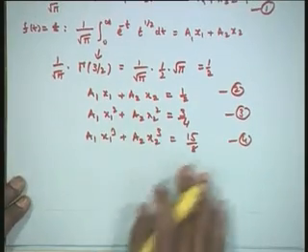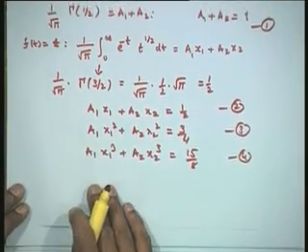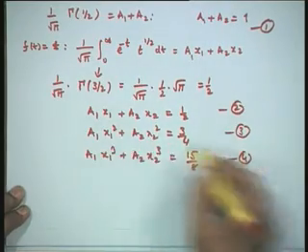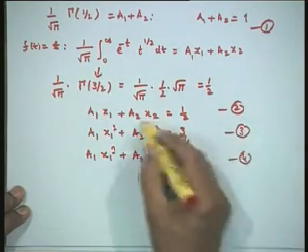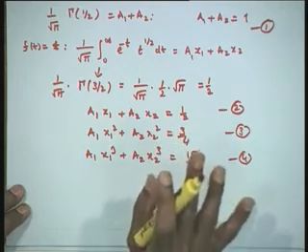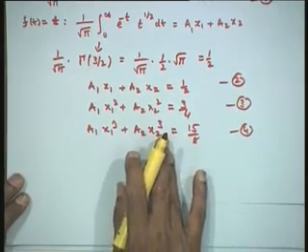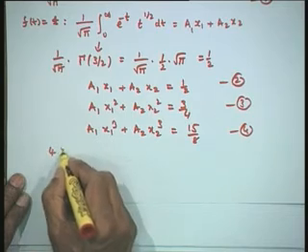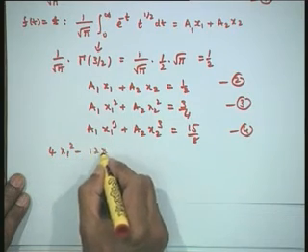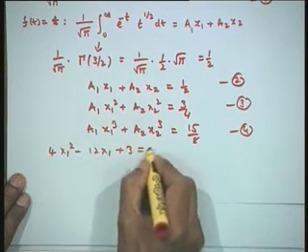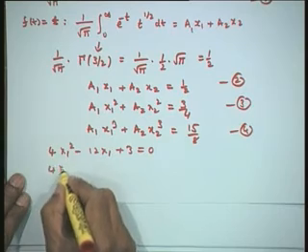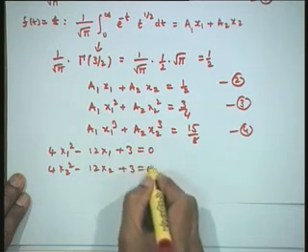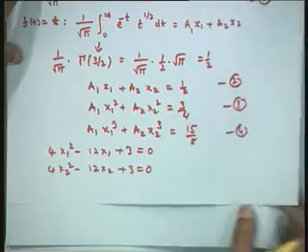You will have to follow exactly the previous method that we have done: take the first and third equation, eliminate x1, second and fourth, eliminate x1, then eliminate a2 x2, and you get a single equation in x1 or x2, which gives the solution of the problem. For your verification, the equation comes out to be the same, and because of the symmetry you will get the same equation for x2 also. Both the equations will be the same.